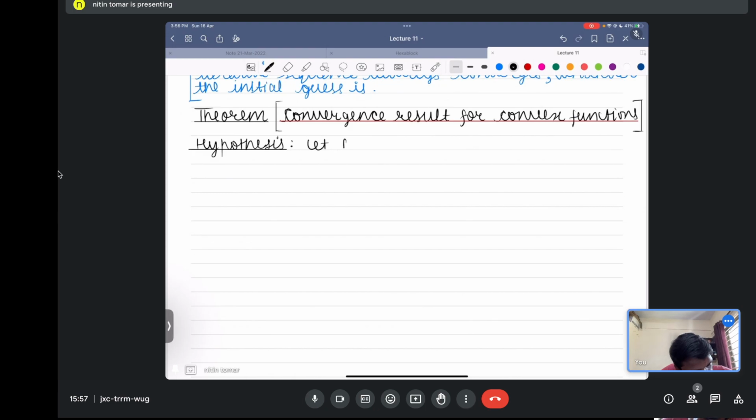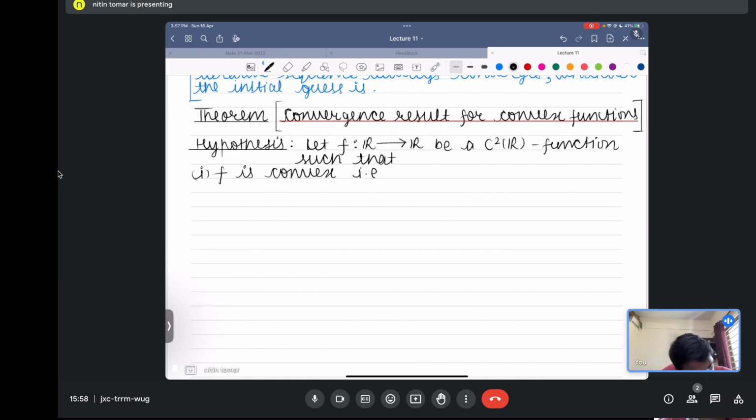Let f from R to R be a C2 function. So already we have seen a convergence result for a C2 function such that f is convex. Now what does it mean?